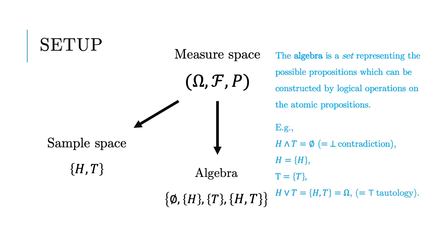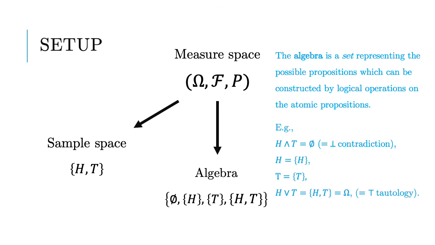The second object is the algebra, which is a set representing the possible propositions which can be constructed by logical operations on the atomic propositions in the sample space. So for example, if our sample space involved the atomic propositions or events, heads or tails, we now get an algebra of propositions or events.